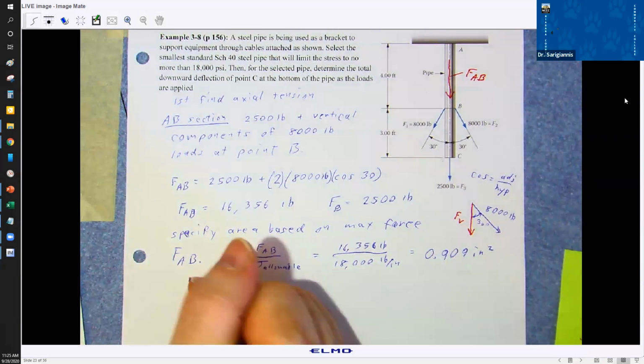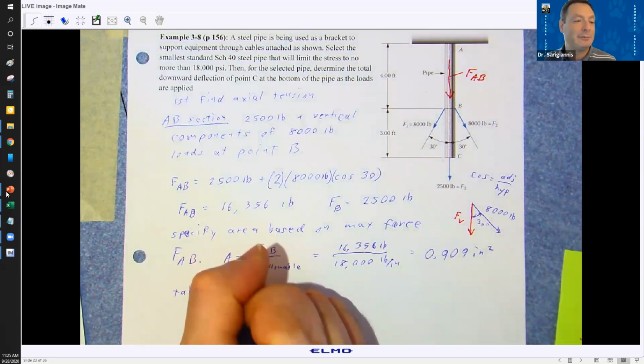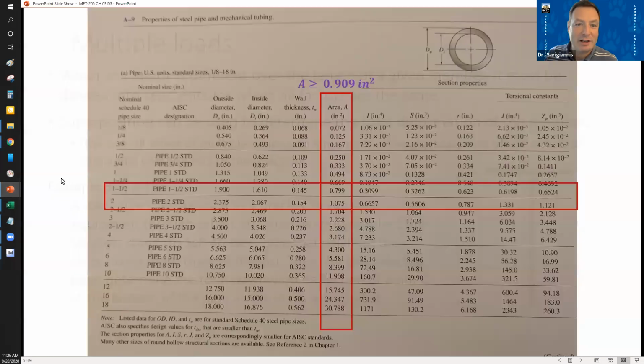All right, so I'm going to go to PowerPoint here. Table A9. We were told that we need to use a standard Schedule 40 steel pipe.